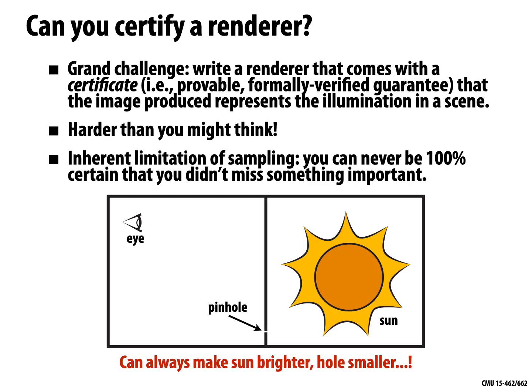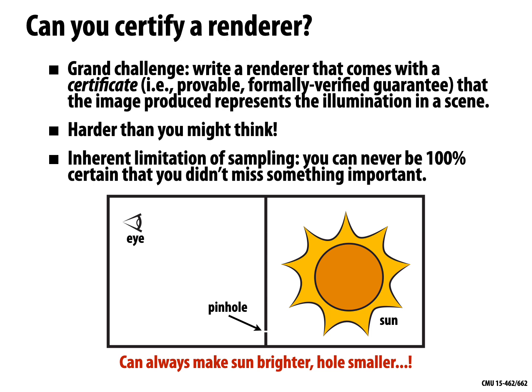Okay. One final question that's really interesting to think about from the perspective of computer science is, can you certify a renderer? So can you come up with a renderer that comes with a certificate, a provable, formally verified guarantee that the image it produced correctly represents the illumination in a scene?